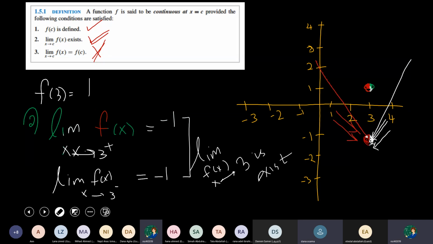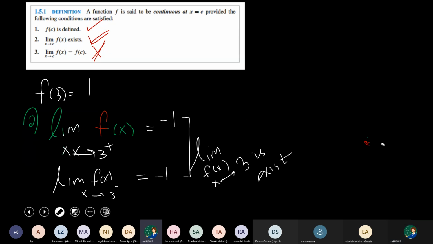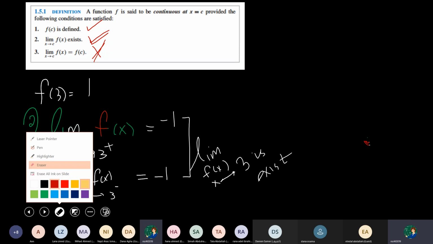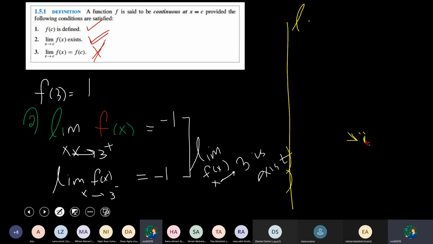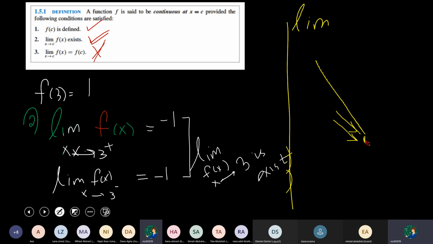Now, first one and second one, is it clear? Now, let's see the third part. For the third part, I want to check if the limit of f of x when x approaches 3 is equal to f of 3.